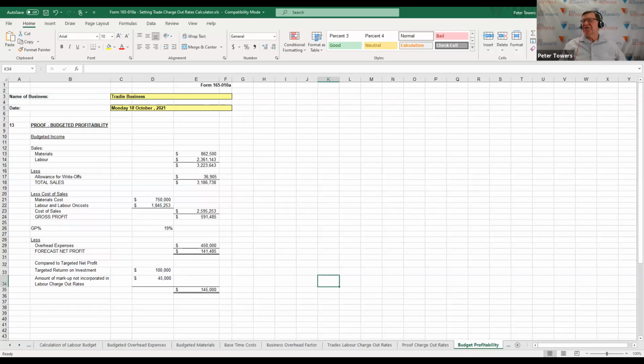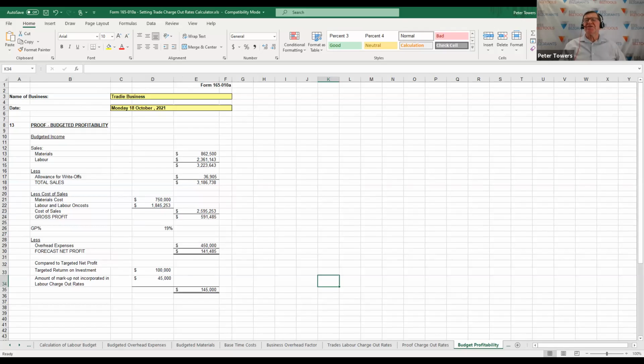We have in our system the labor to be recovered of 2,361,000. We've got the allowance for write-offs taken off that figure. We've got the materials cost us 750,000. You might recall labor and labor on costs come to 1,845. So we got a total of 2,595 to there. Got a gross profit of 591,485, which is 19% of the total sales figure.